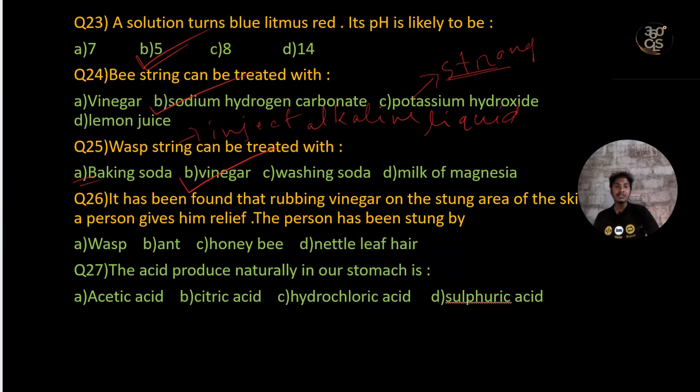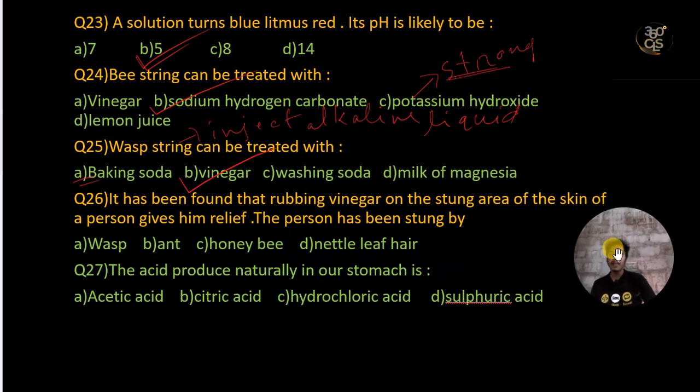The next problem is, it has been found that rubbing vinegar on the stung area of the skin of a person gives relief. Okay, the person has been stung by what? Rubbing vinegar, vinegar means acid. So when we rub with vinegar, then we can have relief.